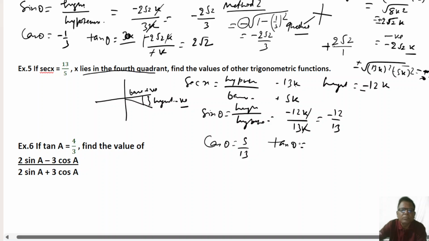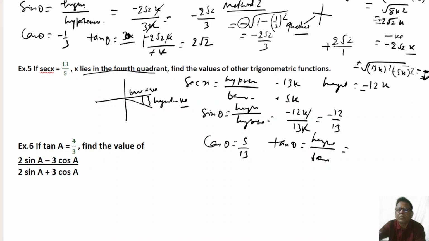Tan theta is equal to what? Height by base. Height we have calculated, that is minus 12k, under root 144.